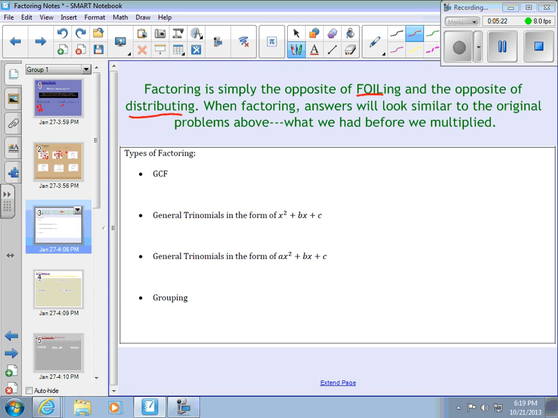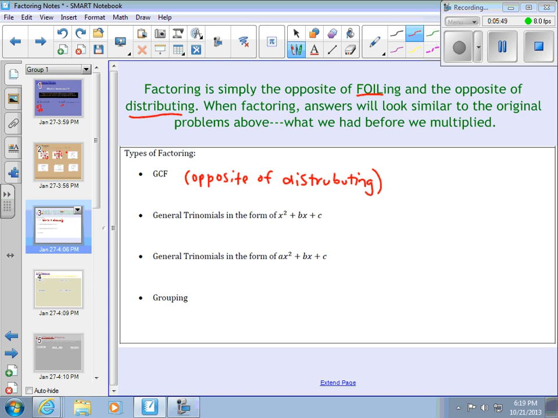So greatest common factor, that's where you are doing the opposite of distributing. You're looking for what is the greatest common factor, just like we did in those factoring puzzles, and pulling it out. General trinomials, we're going to look at how you factor general trinomials.